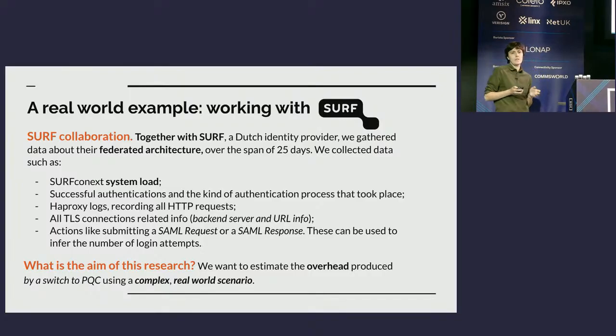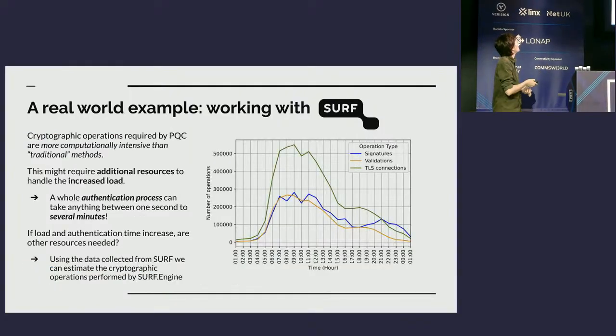We want to estimate the overhead produced when we switch to PQC, when we take into consideration a slightly more complex scenario than just two parties talking to one another, maybe for iMessage or a TLS connection.